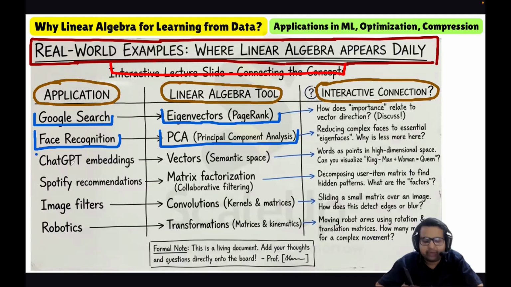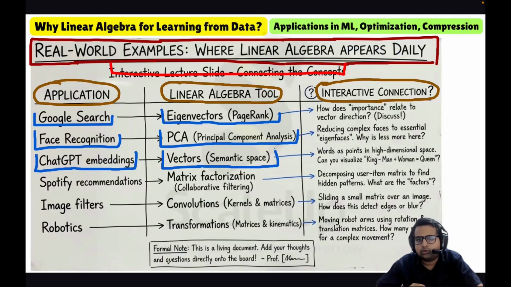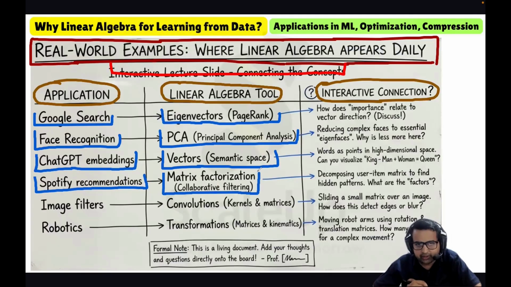In the ChatGPT embeddings application, we make use of vectors, semantic space. We represent words as vectors, as points in a high dimensional space. In the Spotify recommendations application, we make use of matrix factorization, the collaborative filtering.